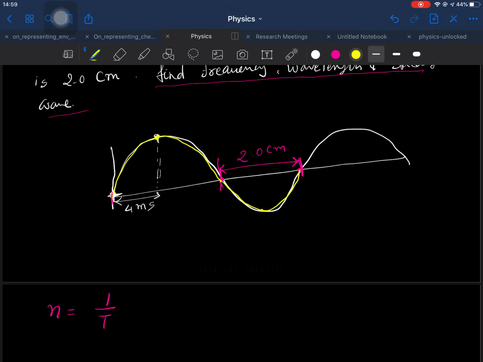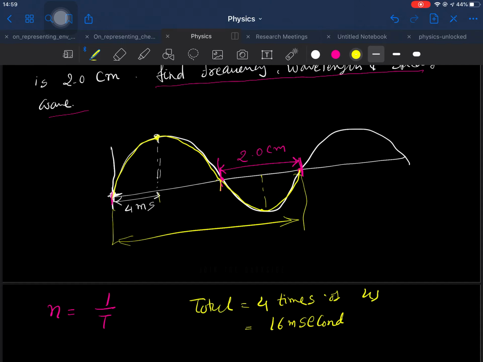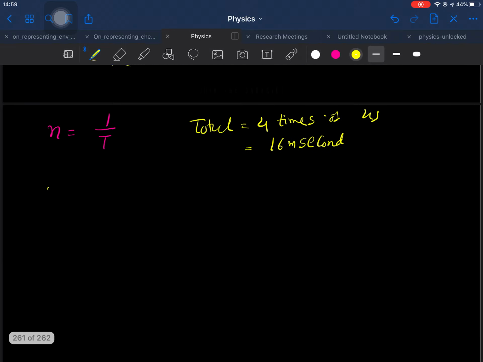So 4 plus 4 plus 4 plus 4, this is happening 4 times, so total 4 times 4 milliseconds. So 16 milliseconds it takes to finish one entire cycle. When it completes one entire cycle, we call it one time period. So n is 1 by 16 milliseconds, and I can write 10 to the power minus 3 here.